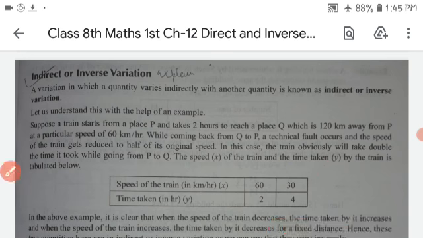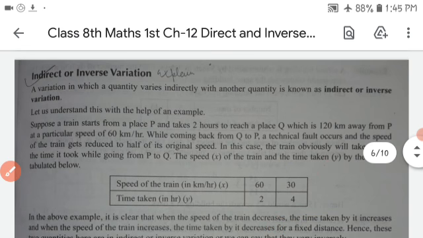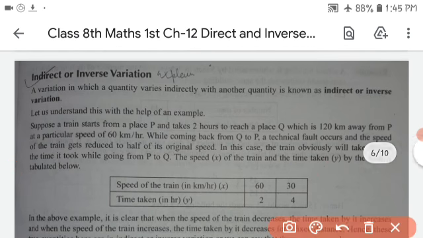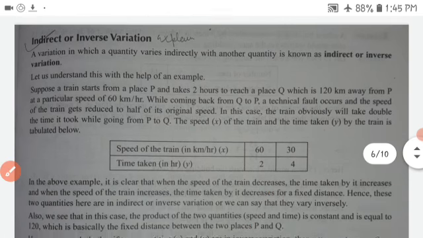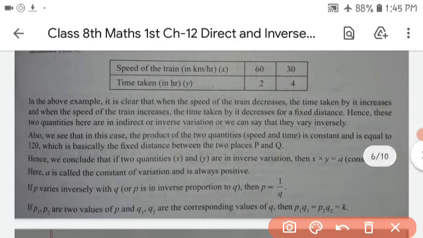Look here, in the above example it is clear that the speed of the train is decreased but the time taken is increased. Time increases and speed decreases. So this is an example of indirect variation, or varying inversely.